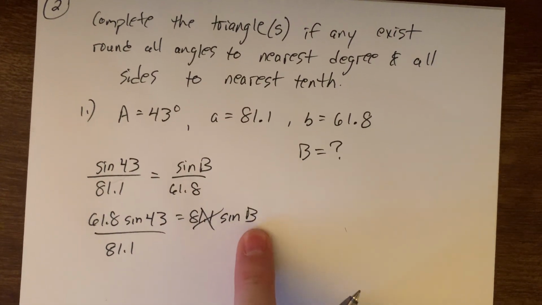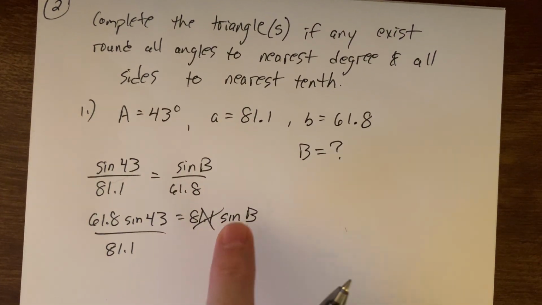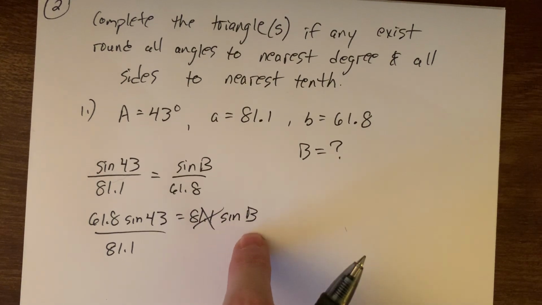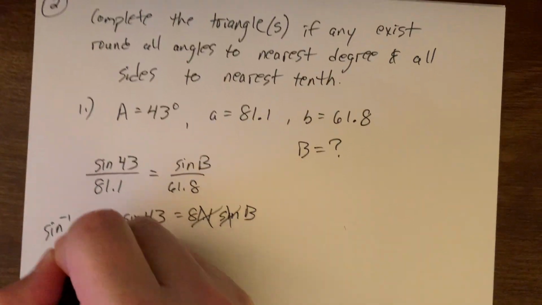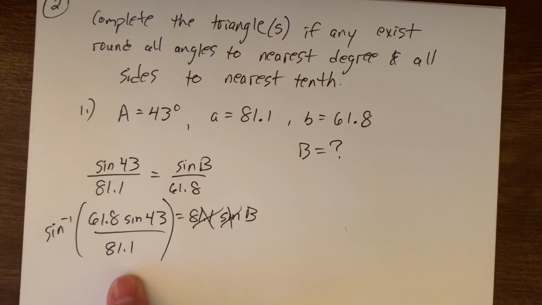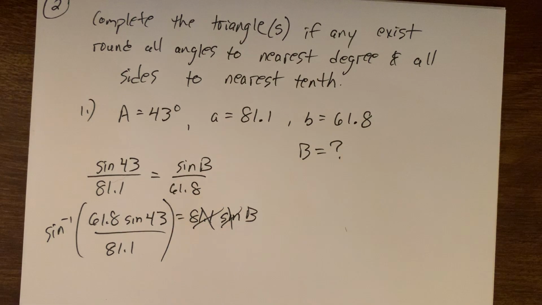But now I need the angle. I have sine of B, I want B. How do I get rid of the sine? I take the inverse sine. And this is why this situation is going to be a little more difficult.